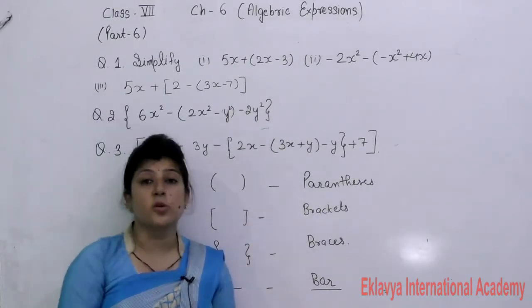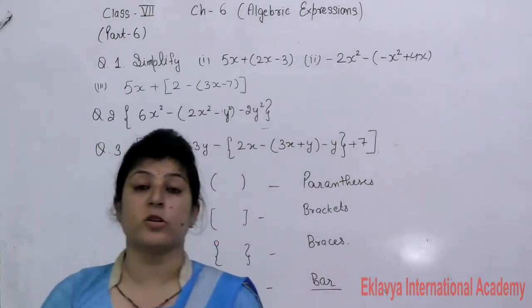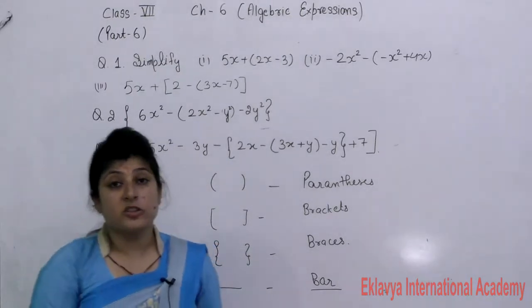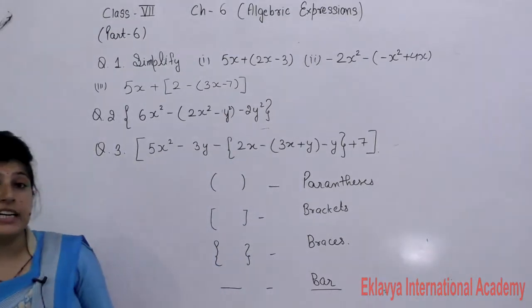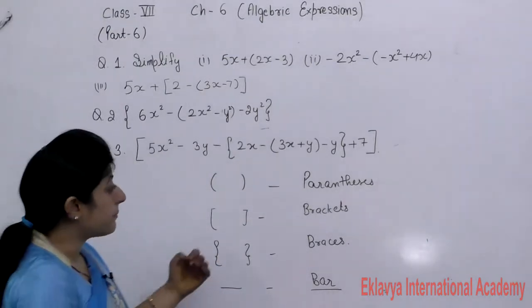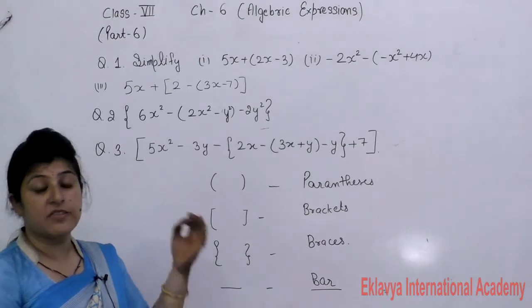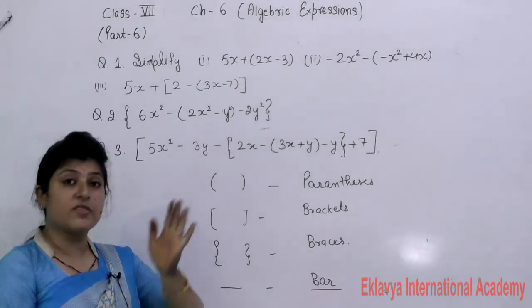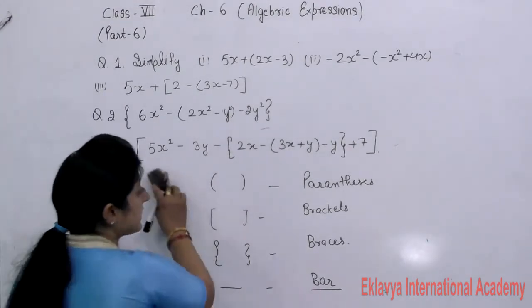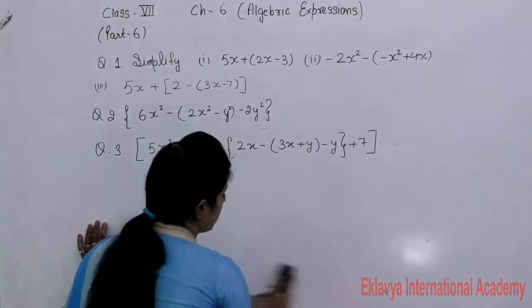Then how to solve? What is the rule to solve the grouping symbols? Firstly, always see that the innermost symbol we will solve first, then the outer, then the outermost. See in the examples what is the meaning of this.